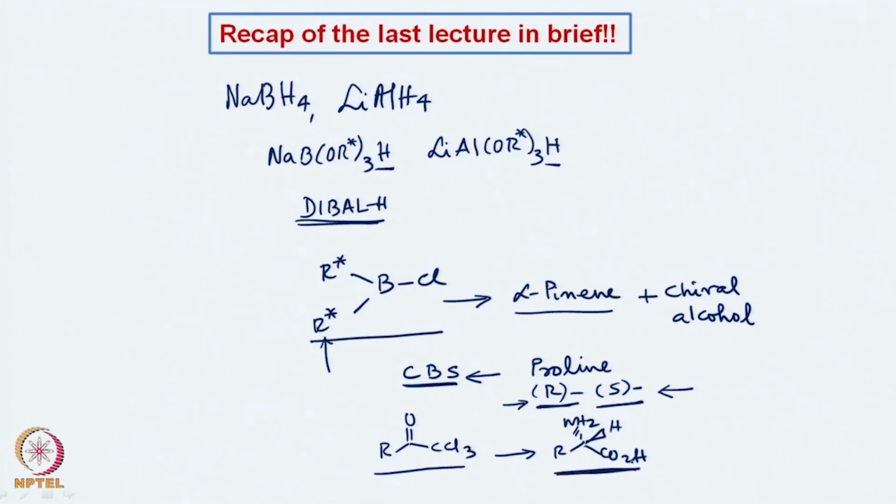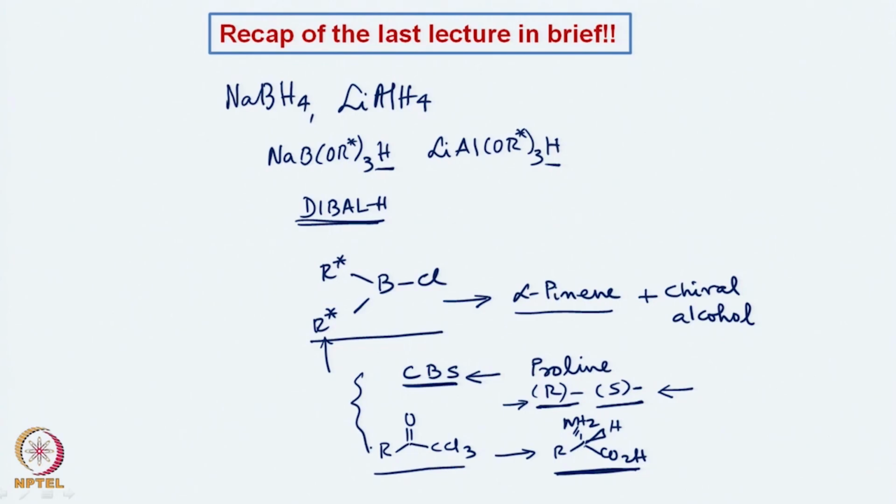So we have a possibility of getting a variety of amino acids, alpha amino acids specifically, in a chiral, natural or unnatural fashion. So these are the modifications of the catalyst that we discussed.